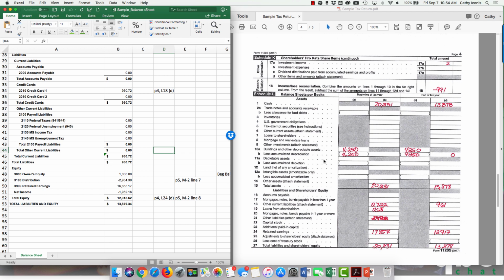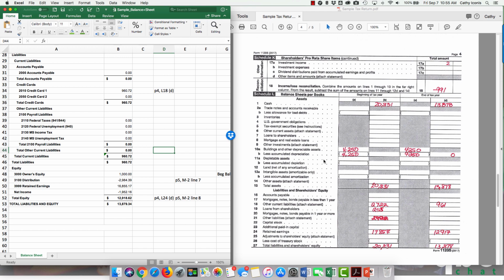And if it's off for some reason, then that means something changed from when the tax preparer prepared the return. And they like to be able to know, here's our ending point. The ending point is the same as the beginning point for the next year, because that's the way accounting should work, right?